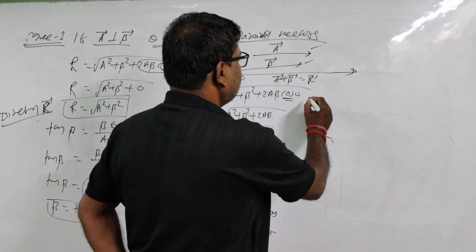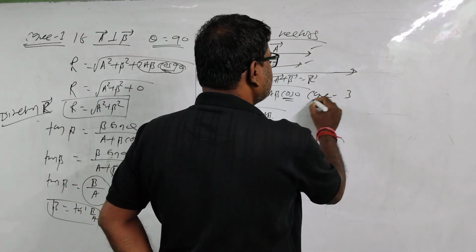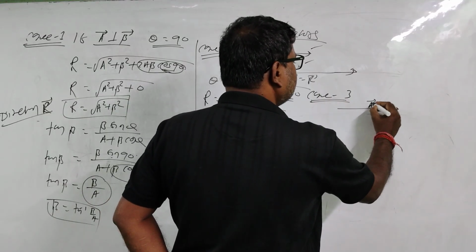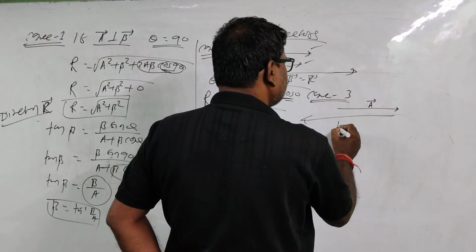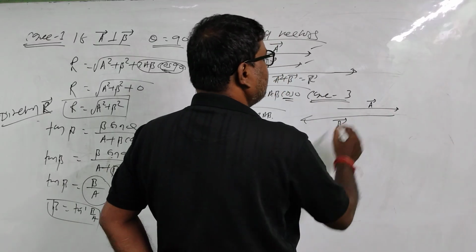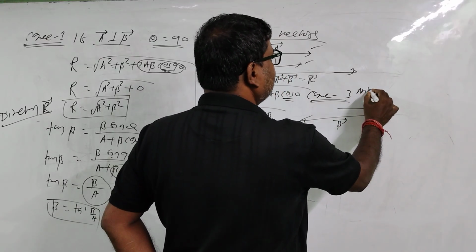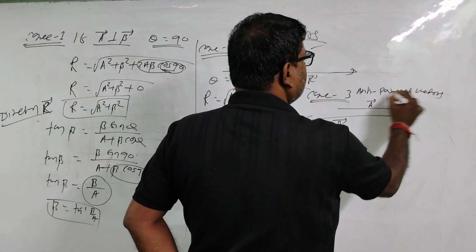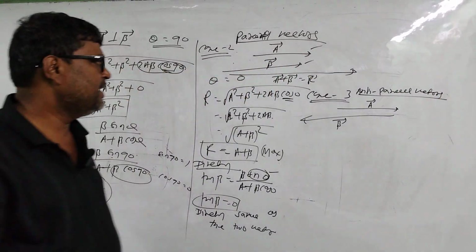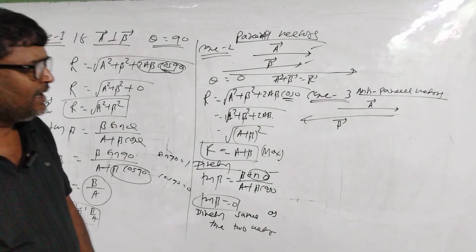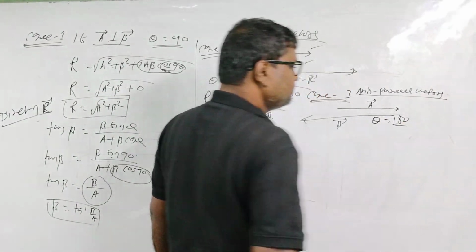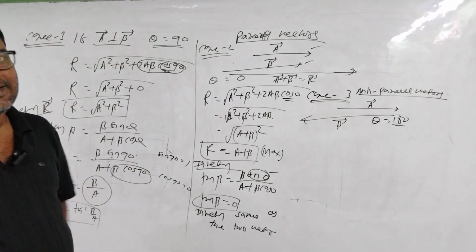Case 3: if A is here, B is opposite, anti-parallel vectors. A and B are anti-parallel vectors, in this case angle theta equals 180.